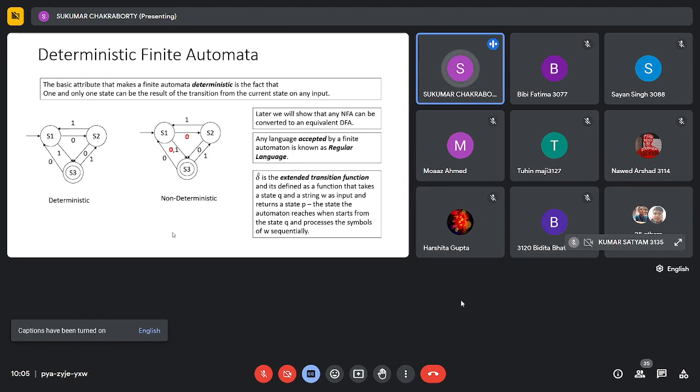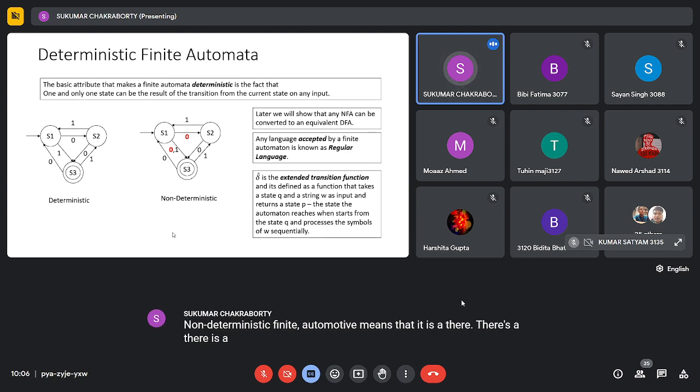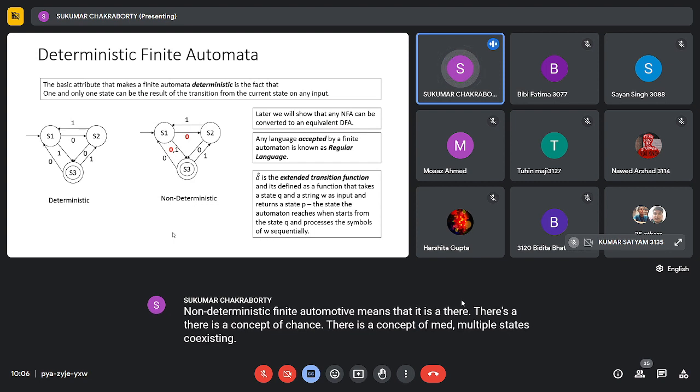But non-deterministic finite automata means that there is a concept of chance. There is a concept of multiple states coexisting at any point of time.